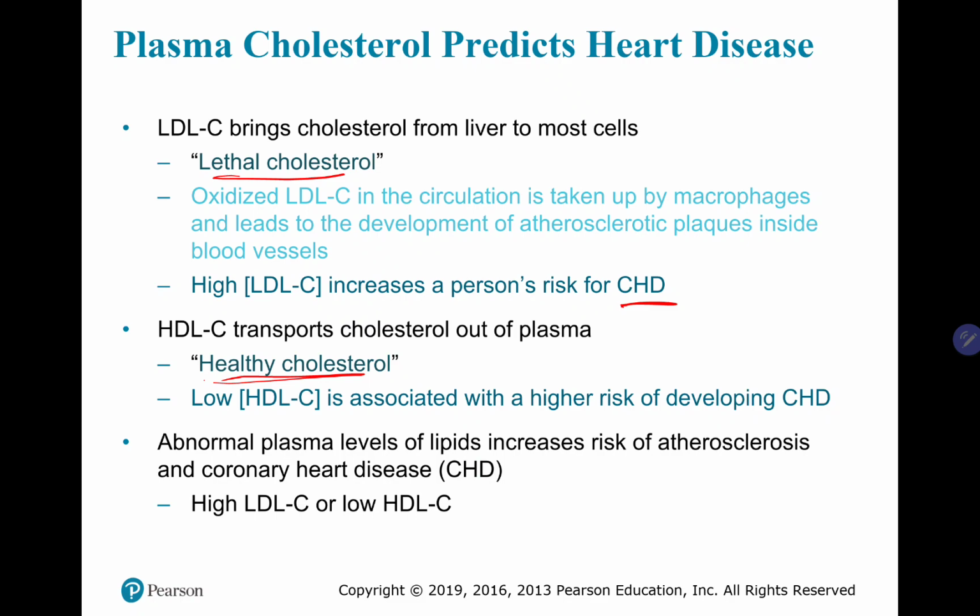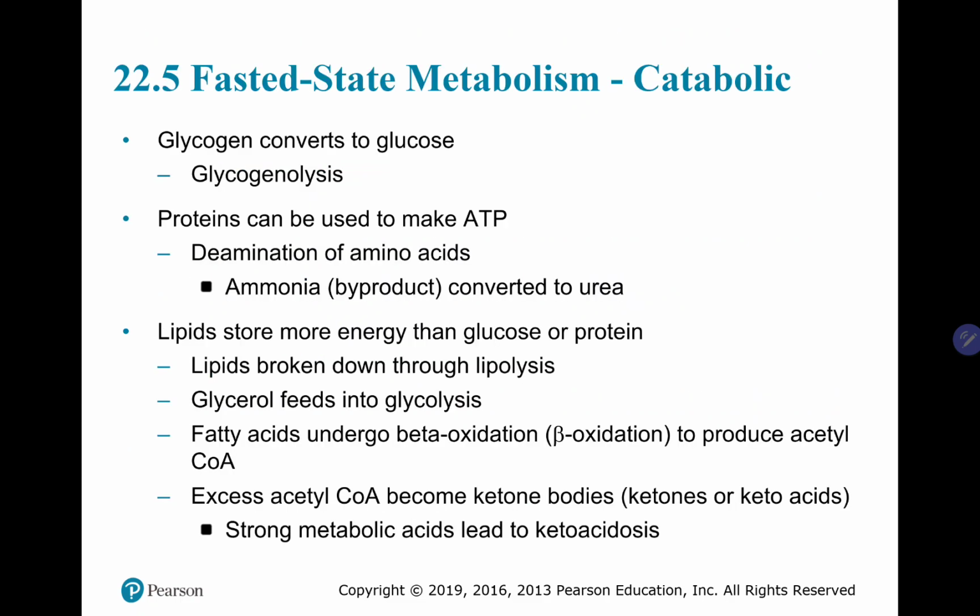Remember, fats, or these lipid-based molecules, are good predictors of heart disease, whereas we'll talk about glucose. Abnormal levels of glucose are going to be predictors of diabetes mellitus, a sugar type of pathology in the body.